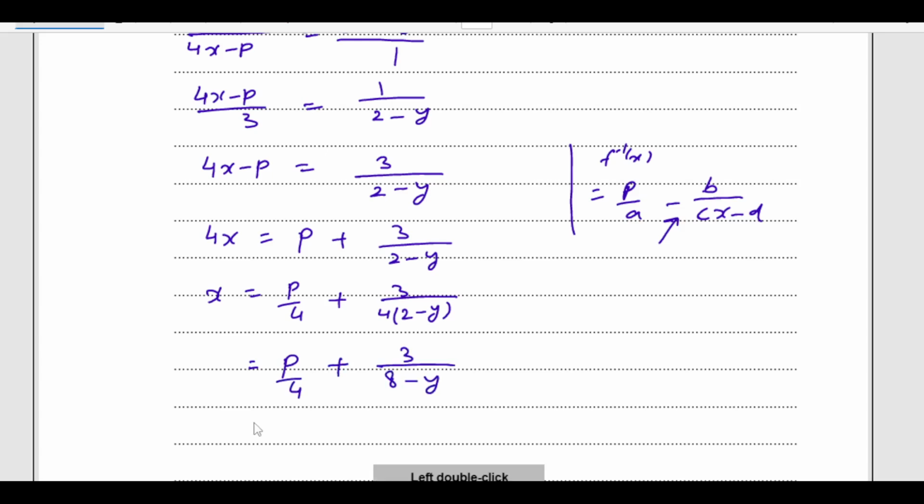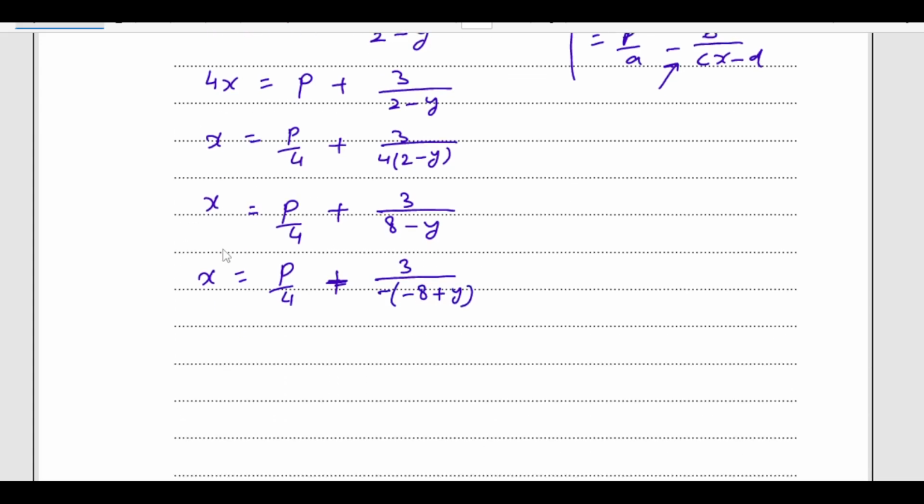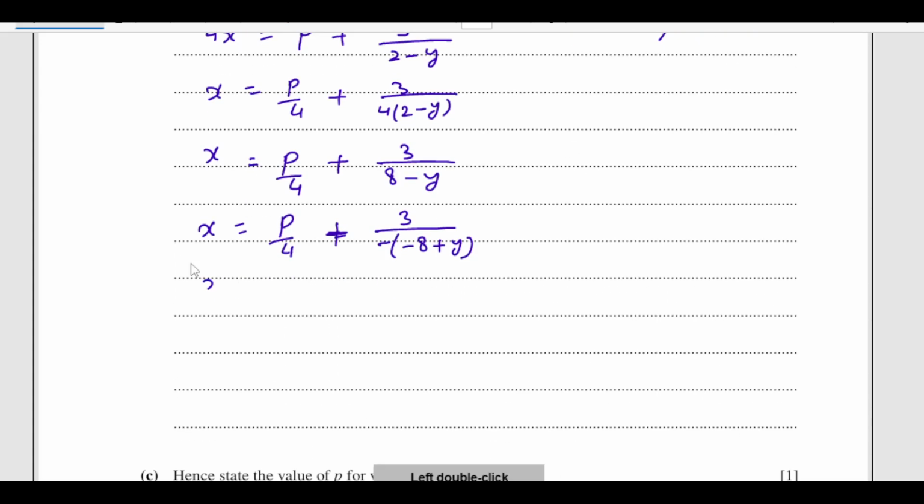Let me show you. So what if I do here p over 4 plus, then this is 3. If I take out the negative sign, this will be negative 8 plus y, right? So this can be written like this. Then this is going to be p over 4, this minus I am bringing here, minus 3 over, this can be written as y minus 8.